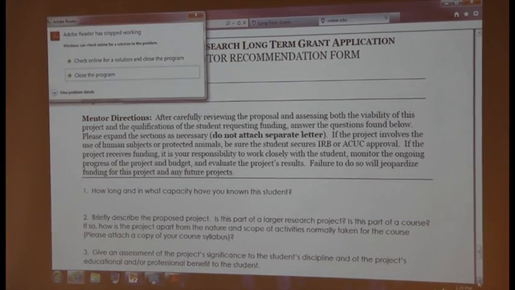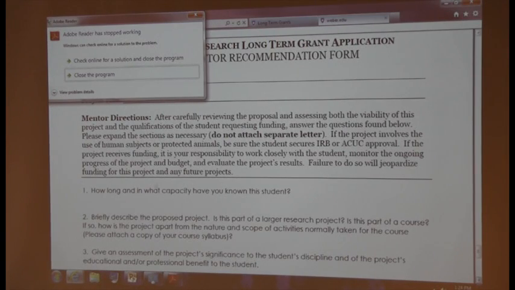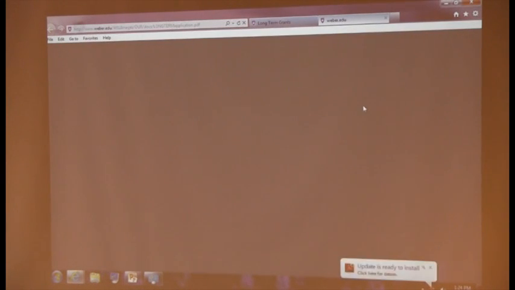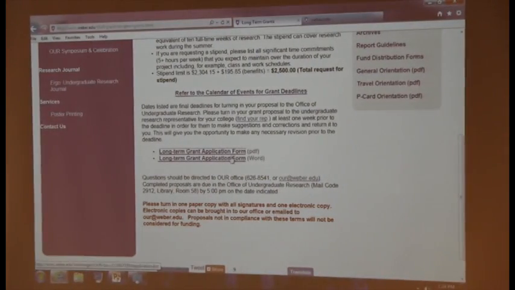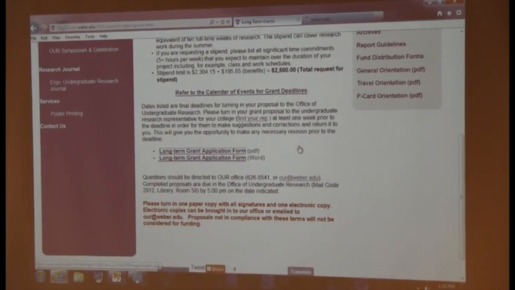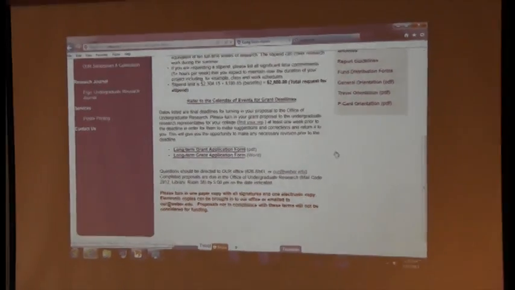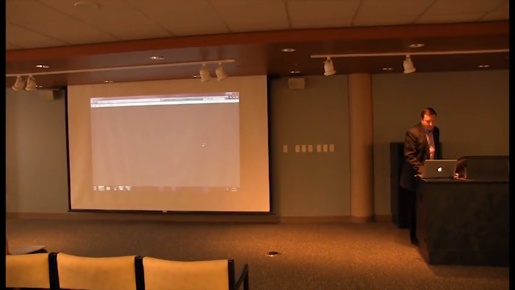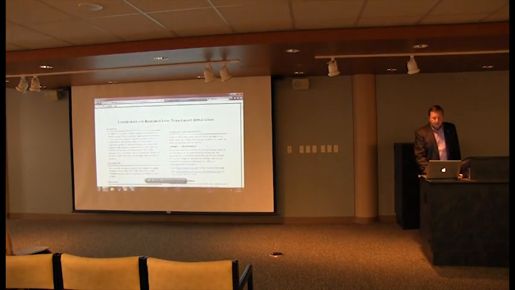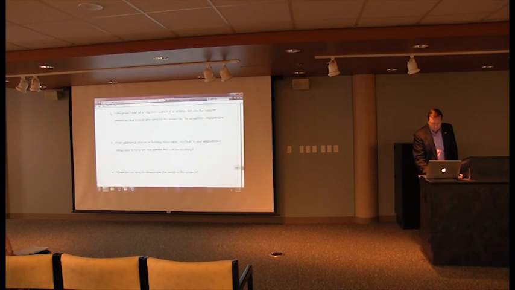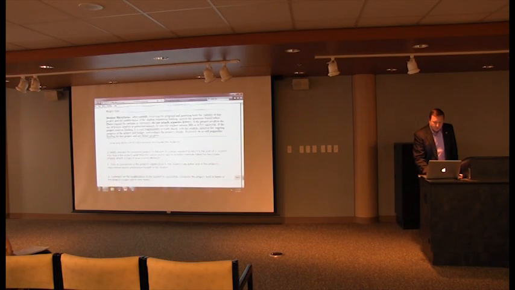And you will turn this sheet in with your proposal. So that is pretty much the extent of the writing a proposal kind of piece for getting funded for research.